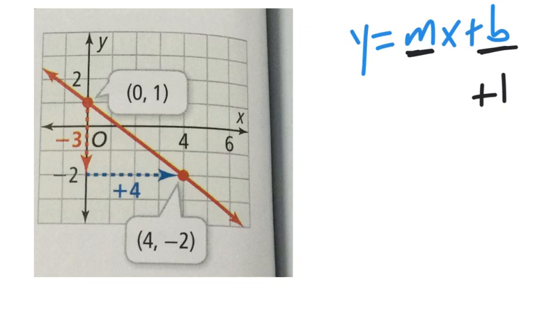It's right here. So then I want to know, how can I get from this point to this point? Well, they went down 3, so the rise is -3, and the run was right 4. So down 3, right 4, which means the slope is -3/4.